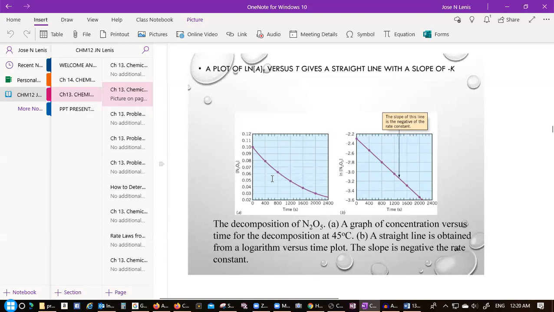Now that it's demonstrated that it's not zero order, that means it could be first order or second order with respect to N2O5. All right. Let's start ruling out the possibilities. We just ruled out zero order. Why? Because it doesn't give a straight line when you graph concentration of N2O5 against time.